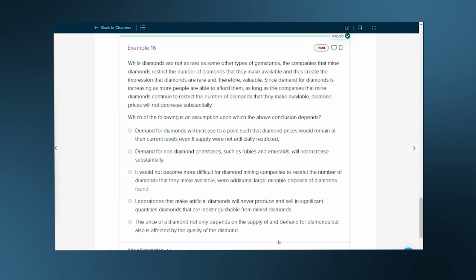What about if this isn't true and the price of a diamond isn't contingent on the quality at all, but only on supply and demand? Could this conclusion be true? Also, yes. So because it's yes either way, this cannot be an assumption that this argument relies on. So best answer is going to be D.